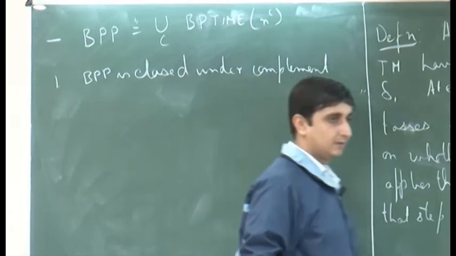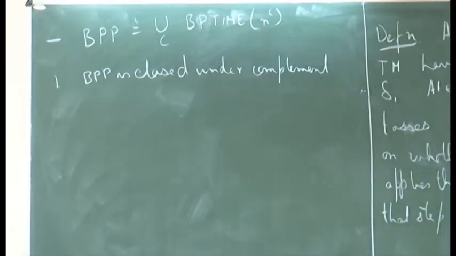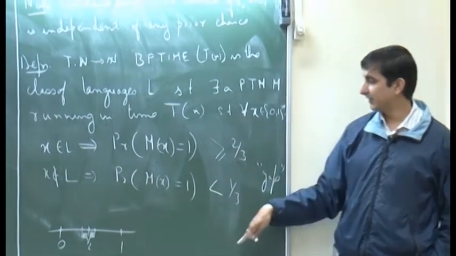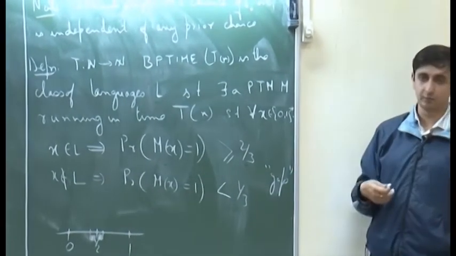Okay. Because if you take a language which lies in co-BPP, it basically means that those strings that are not in the language are getting accepted with probability greater than 2/3, and those strings which are in the language are getting accepted with probability less than 1/3.